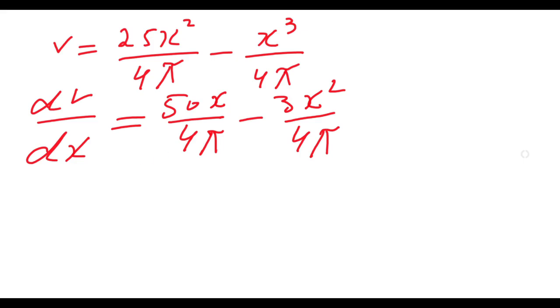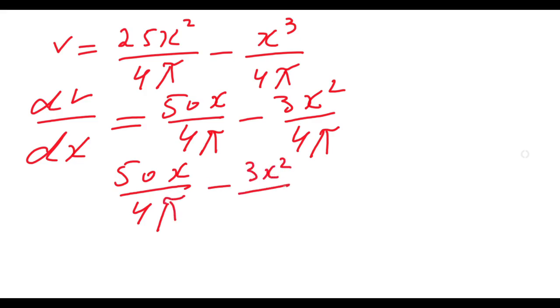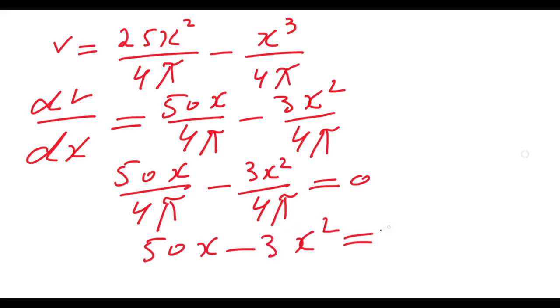So 50x over 4 pi minus 3x square over 4 pi is equal to 0. So we need to get rid of the denominator, multiply with 4 pi. The 4 pi cancels with 4 pi, only left 50x. Also 4 pi cancels, only left 3x square is equal to 0.